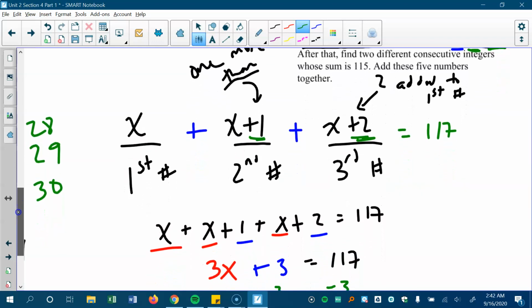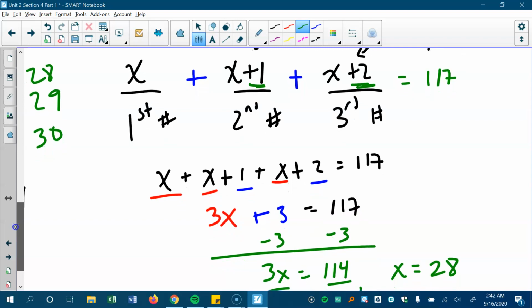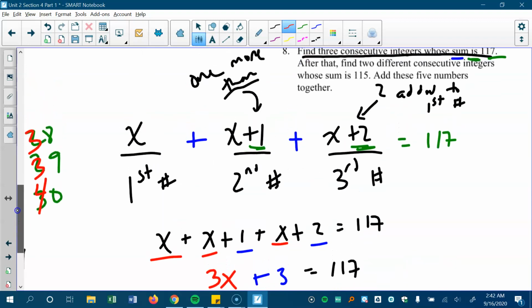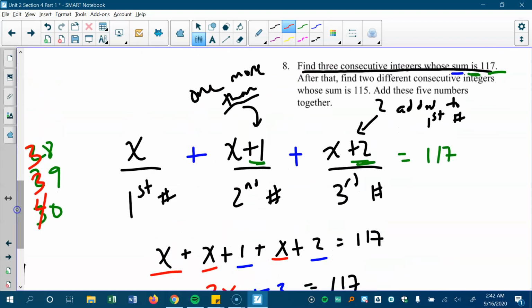If I don't, I'm going to cry. I'm going to cry because it's actually 38. So Mr. Lakin made a mistake. Thank you for catching it if you saw that. It should be 38, it should be 39, and it should be 40. And if I add those up, I'll get 117. Oi, oi, oi. Alright, now that was just the first half.